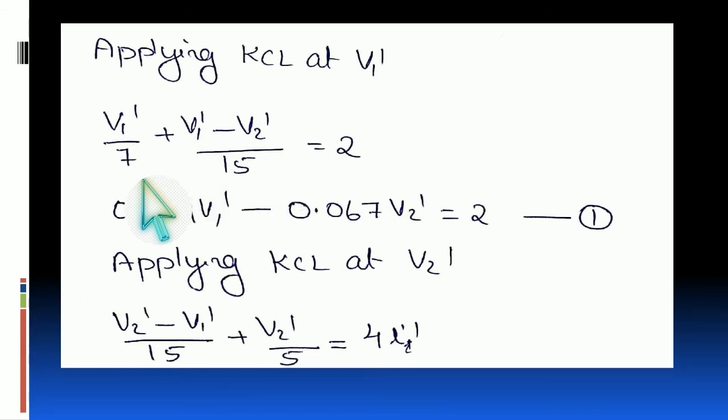Hence, we can write V1 dash by 7 plus V1 dash minus V2 dash by 15 is equal to 2. By rearranging this, we get 0.209 V1 dash minus 0.067 V2 dash is equal to 2, which is labeled as equation number 1.